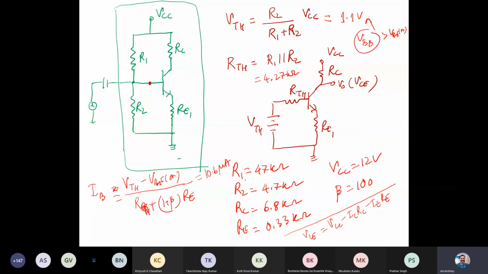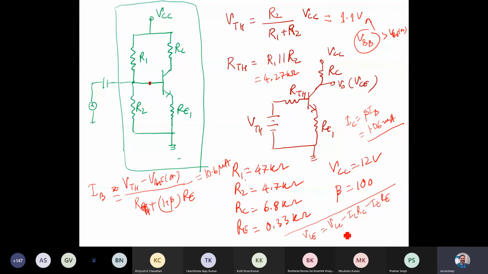Then IC is beta into IB, so beta is 100, that's 1.06 milliampere. Then IE would be 1.06 plus this, so 1.16. So we can just find out the VCE.